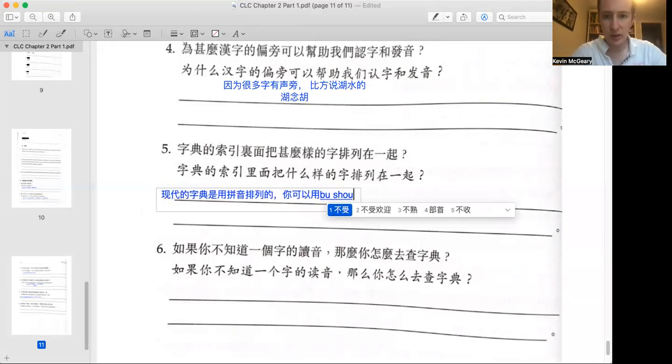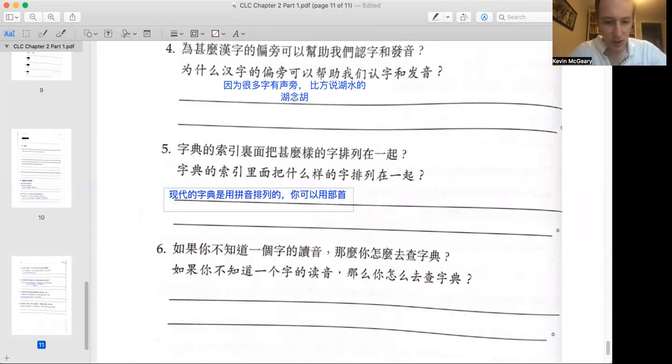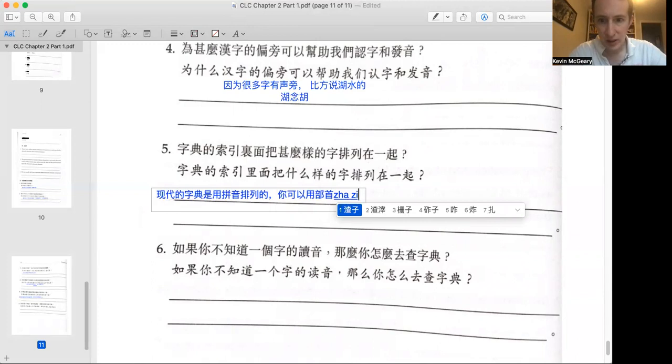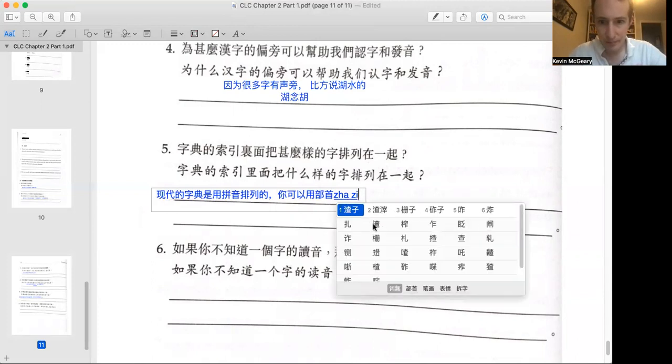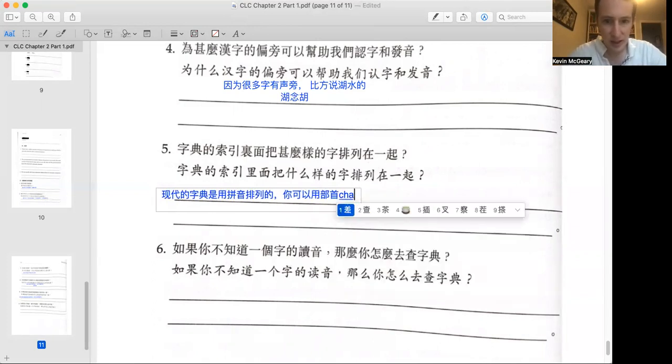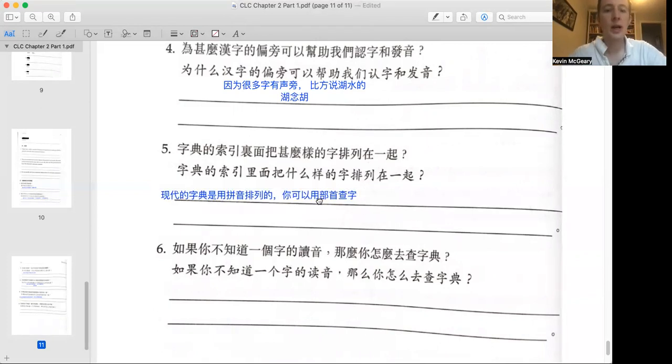So you can use radicals to look up a word. No, wrong chat. You can use radicals to look up a word.